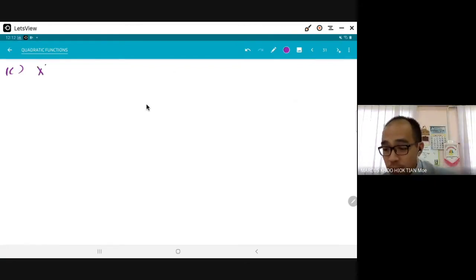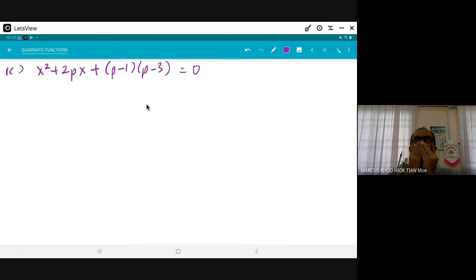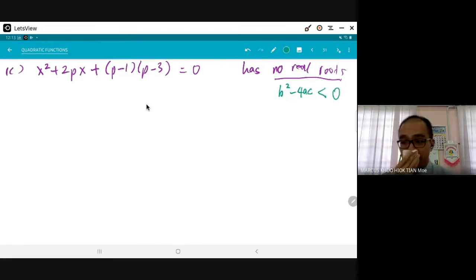Okay, x squared plus 2px and then tambah p minus 1, p minus 3 equals to 0. Okay, so kalau kita perhatikan di sini, dia cakap has no real roots. Okay, has no real roots, maksudnya b squared minus 4ac adalah kurang dari kosong.